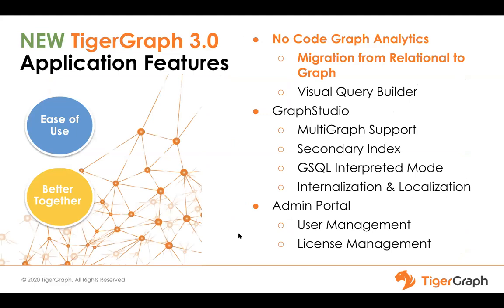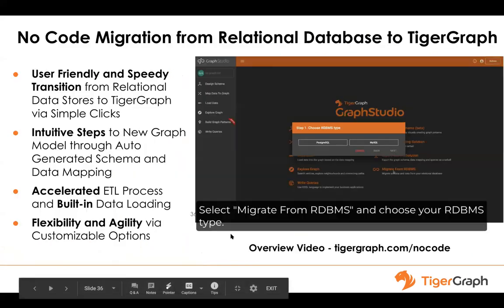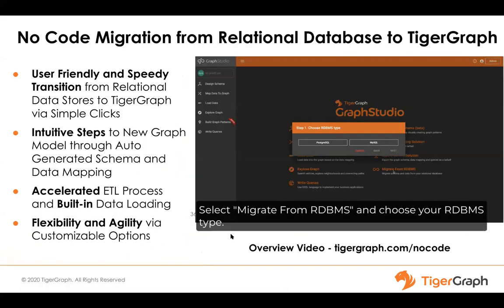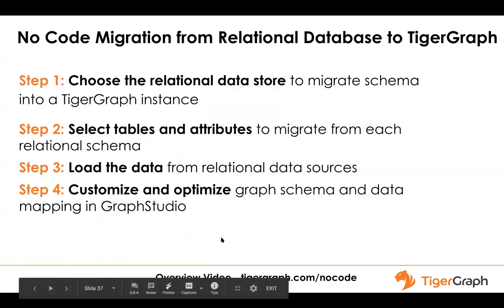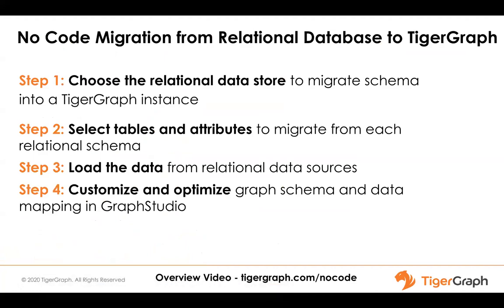All right, just a little bit deep dive into the no-code graph analytics. First, a migration from relational to graph. Again, it's very user-friendly and enables a very speedy transition. So what are the steps? Step 1, you can choose the relational data store that you want to migrate. And then step 2 is select the tables and attributes to migrate from each of the relational schema that you want to look into.